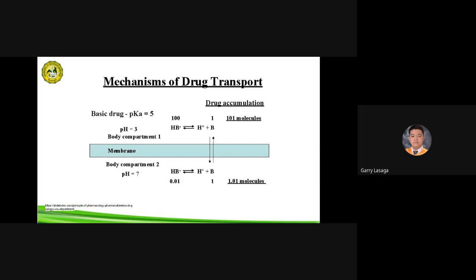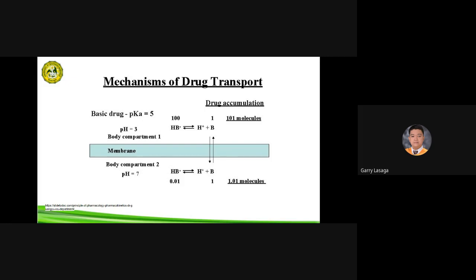Ano yung value niya? Liliit ba siya o lalaki? Ano kaya yung magiging value ng ating HB plus? Pag yung ating pH ay 8, because pag 7, di ba 0.01? How about 8?